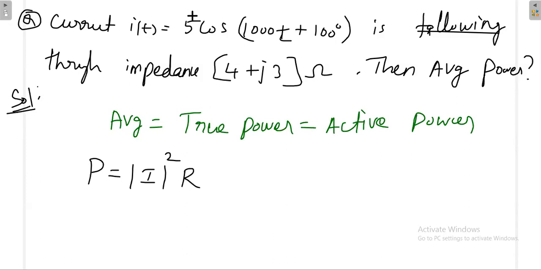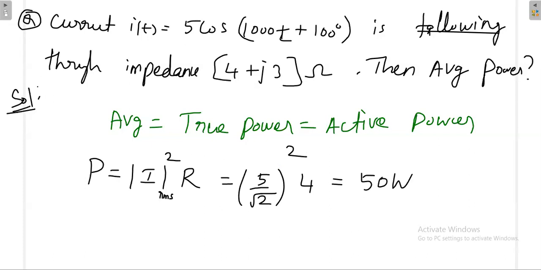Now what is the magnitude here? Here the magnitude is 5, but you cannot use that 5 directly, because whenever you find the power for an AC signal, you have to use the RMS value. So (5 by root 2) whole squared, and the R value here is simply 4. So this is 50 watt. 50 watt is the answer.